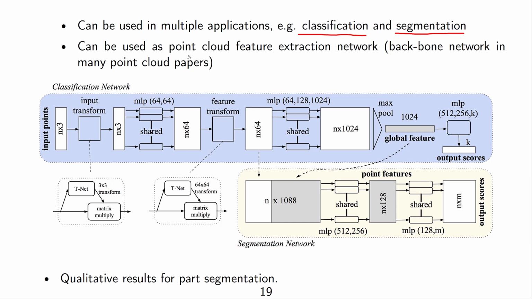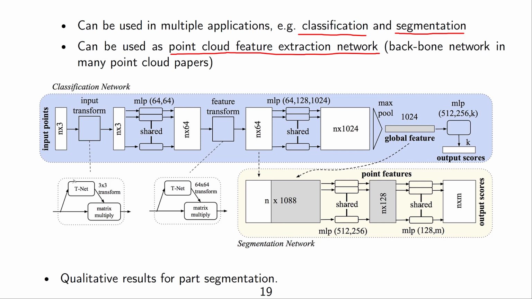PointNet can be used as a backbone, so it can be used as a point cloud feature extraction network. Similar to other transfer learning ideas with images, you might think about transfer learning ideas with a point cloud network.